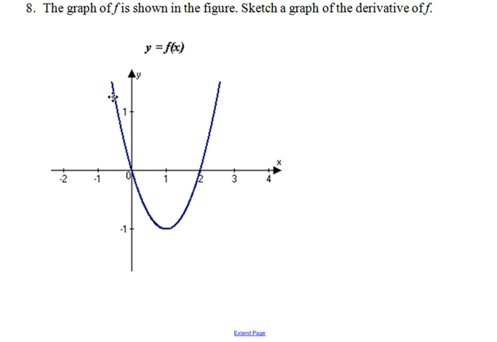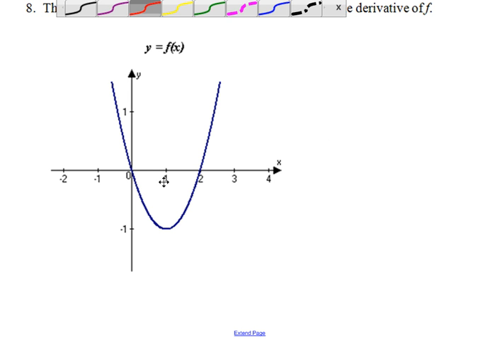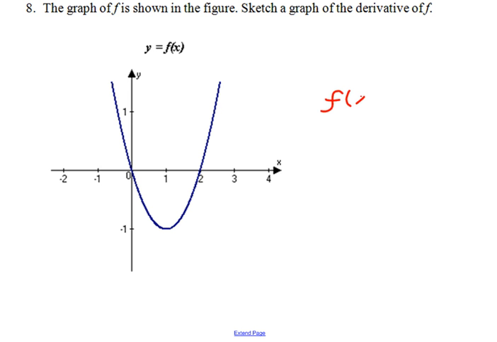You see how our function has a 0 at 0 and a 0 at 2. So if I put that as linear factors, this quadratic f of x has a 0 at 0 and a 0 at positive 2. If I set this equal to 0, I get 0, and if I set this equal to 0, then I get 2.